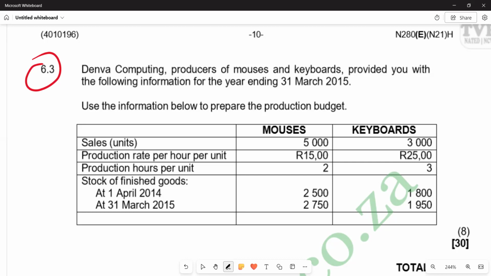That is our opening at 1 April 2015, so this is going to be your opening stock. And at 31 March 2015, it becomes your closing stock. So we are going to prepare a production budget.